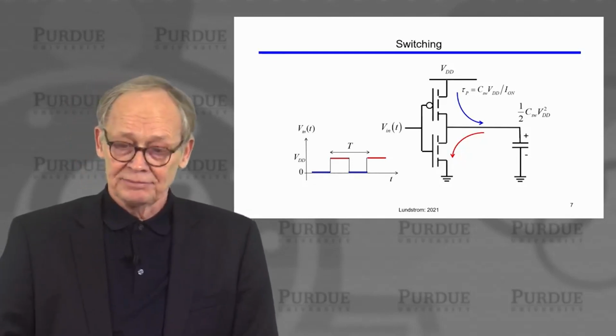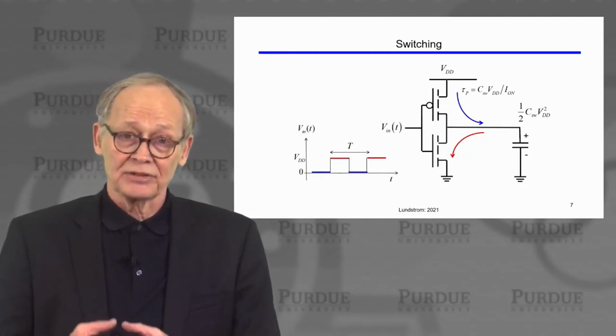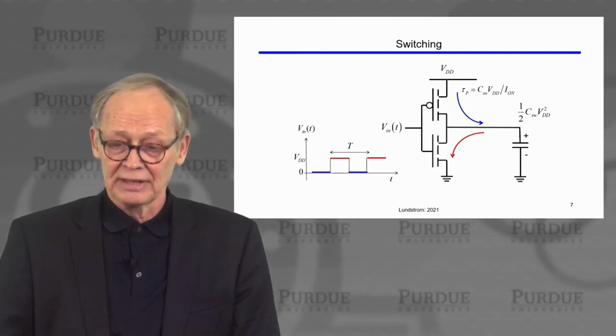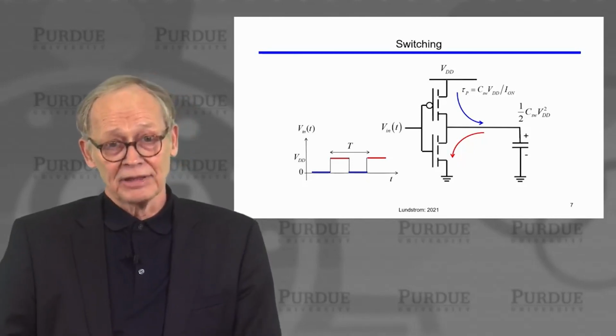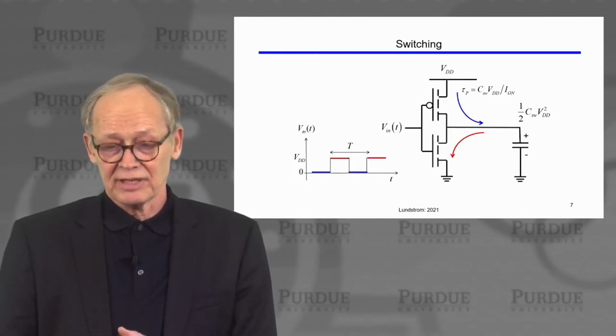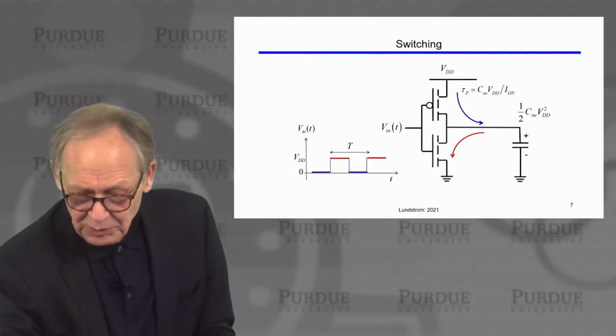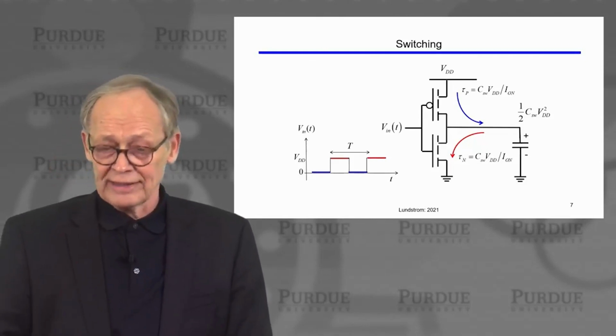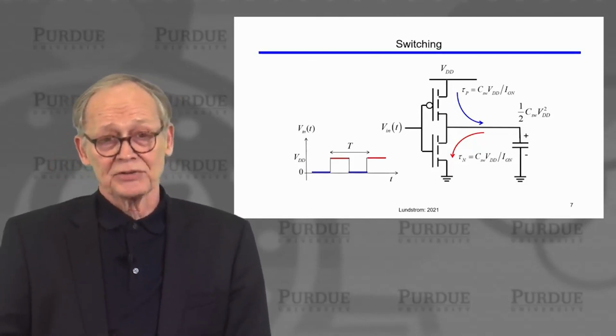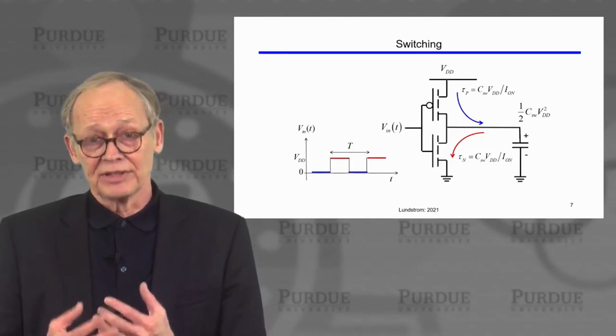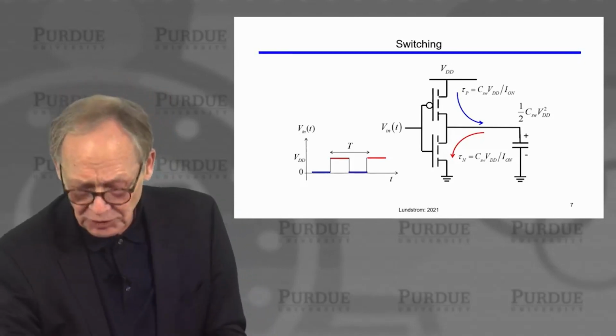It's simply capacitance times voltage, that's the total charge stored in the capacitor, divided by the on current of the transistor. So current is charge divided by unit time. So this is a simple expression that tells us how long it takes to charge up the capacitor through the PMOS device or discharge the capacitor through the NMOS device.